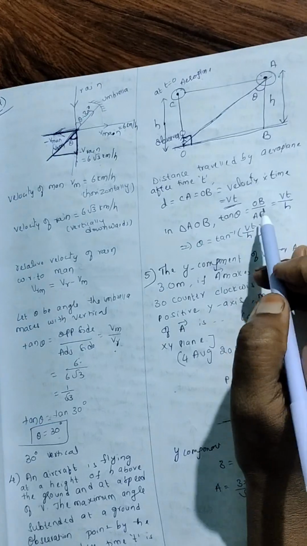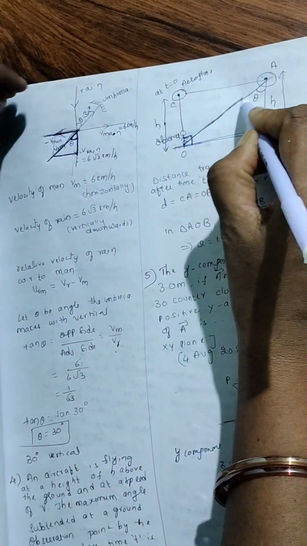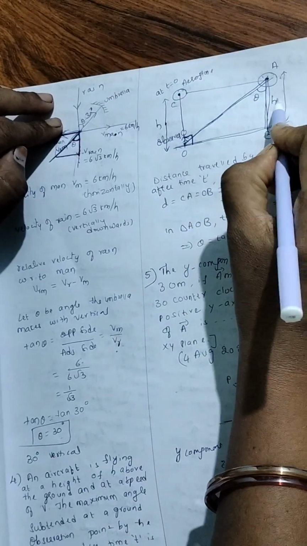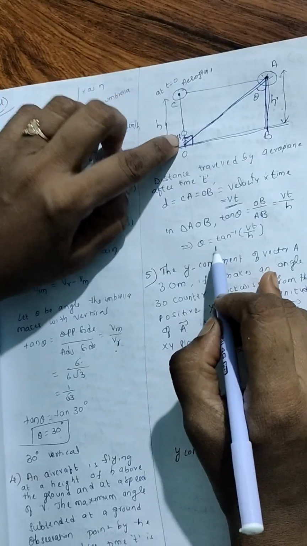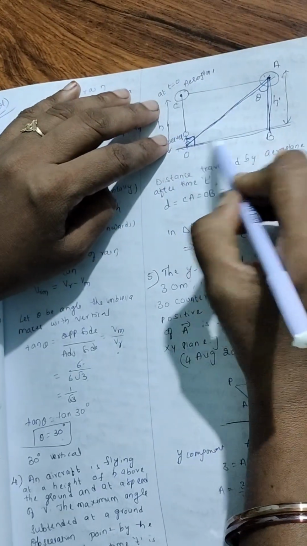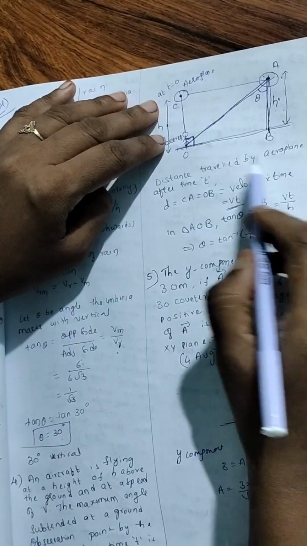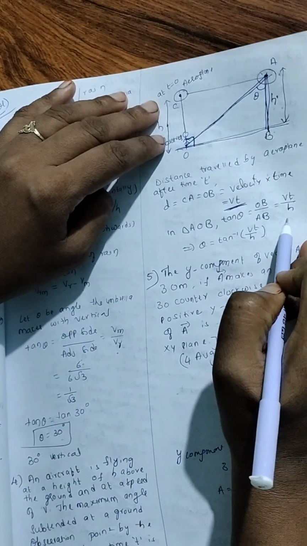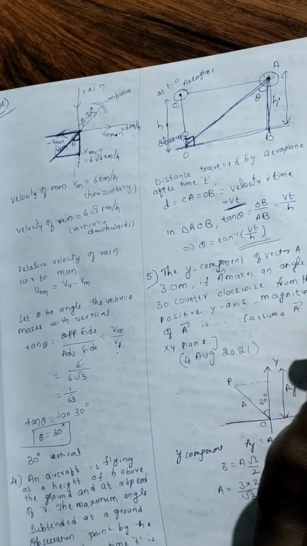Let V be the velocity and T the time. Now a triangle has formed. Tan theta is opposite side OB by adjacent side AB, and OB is VT by H. So theta equals tan inverse of VT by H is the answer.